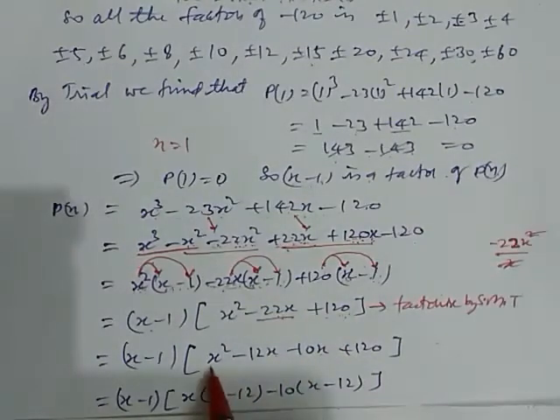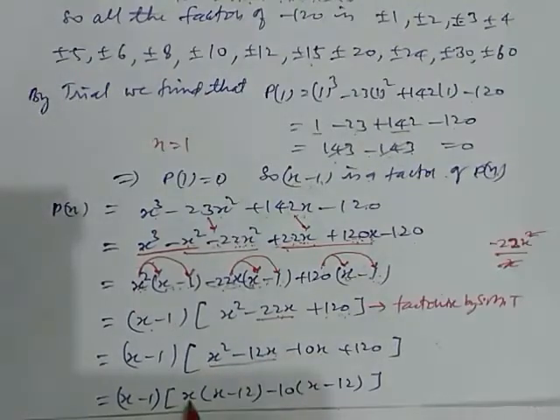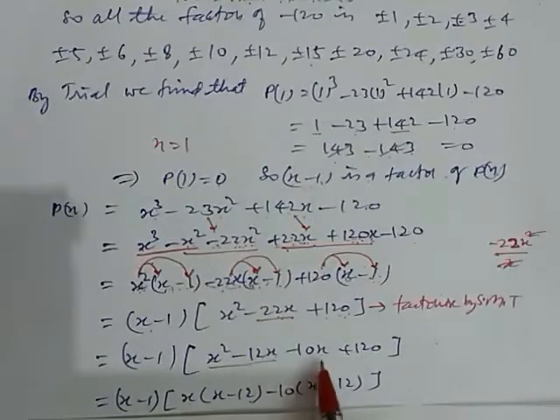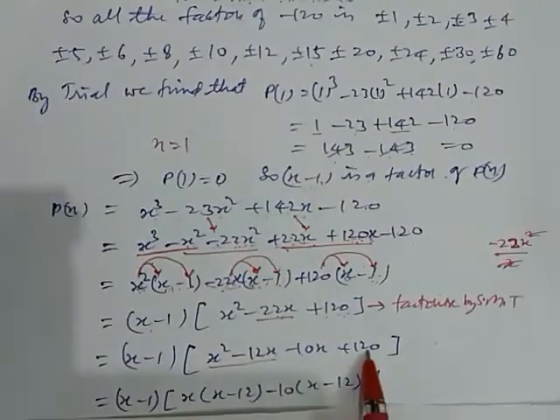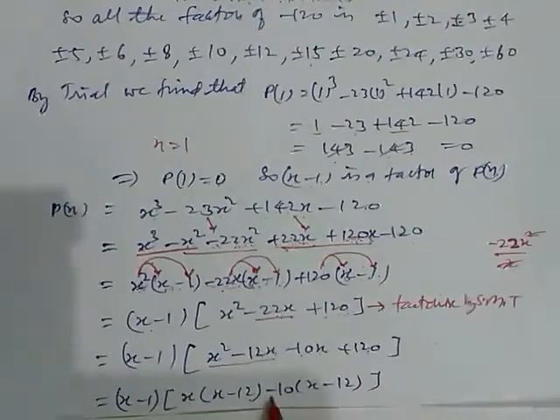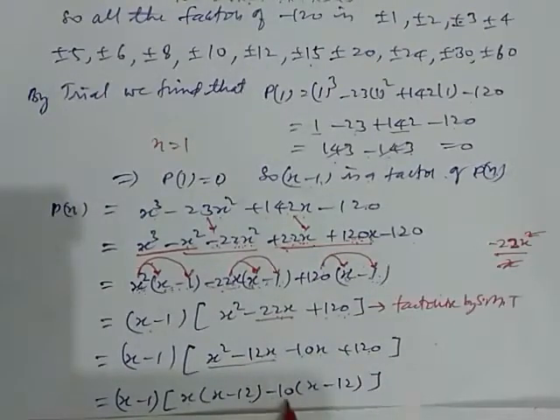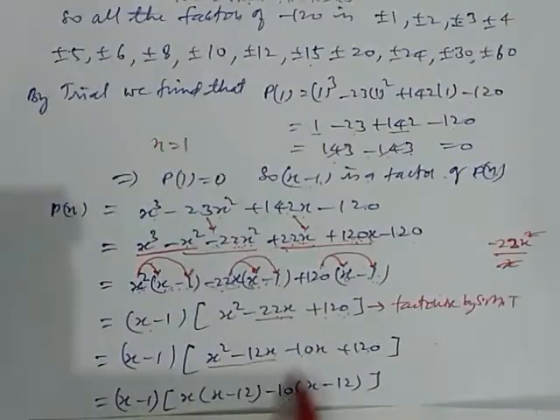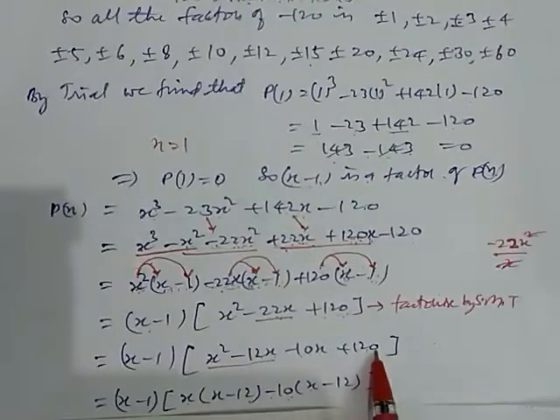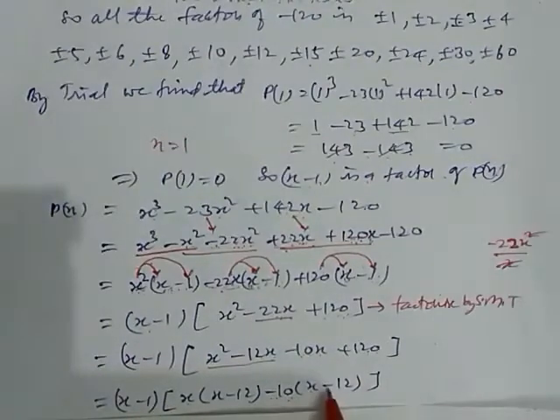Now take common. X is common in these 2 terms. So x into x minus 12. Okay. Here we see 10 is common. So we put here minus 10. Minus 10 is common. So by dividing this minus 10x by minus 10 we get x, and by dividing this 120 by minus 10 we get minus 12.